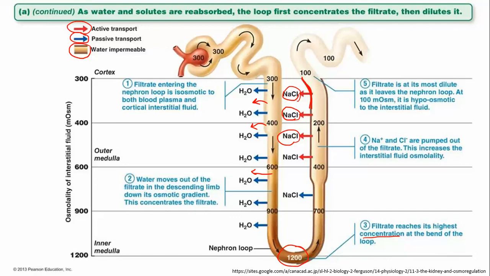And if you are drinking a lot of water, well, then this might be kind of leakier, it'll let more sodium out and it will allow water to go through.